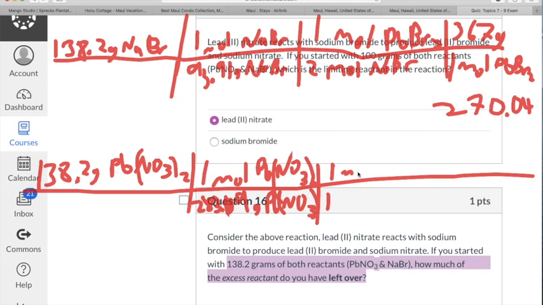So it's 1 mole of my Pb(NO3)2, and I'm going to go to my PbBr2, and now I'm in moles of PbBr2.